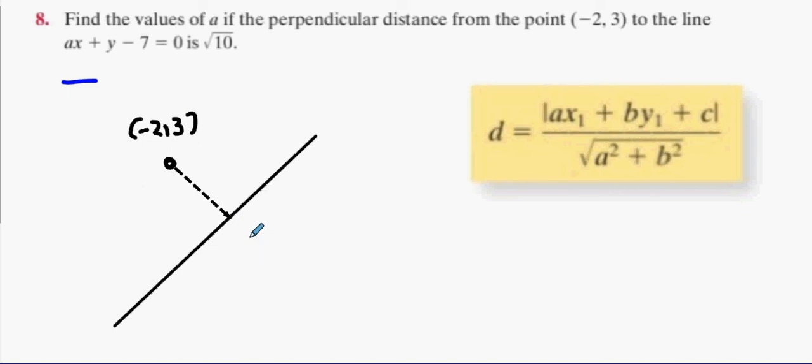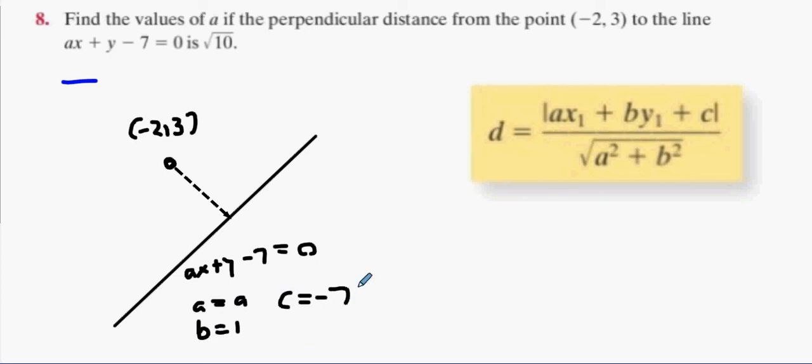And that the line is ax plus y minus 7 equals 0? The a value is a, b value is 1, c value is minus 7. The d value is root 10. Let's plug in everything.